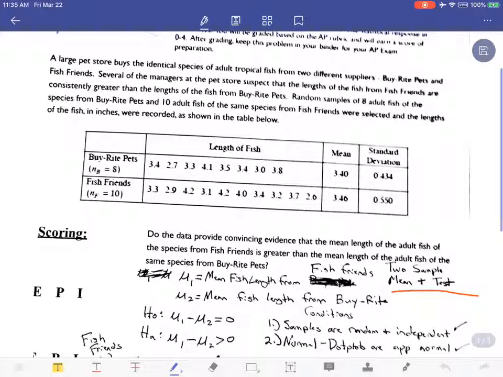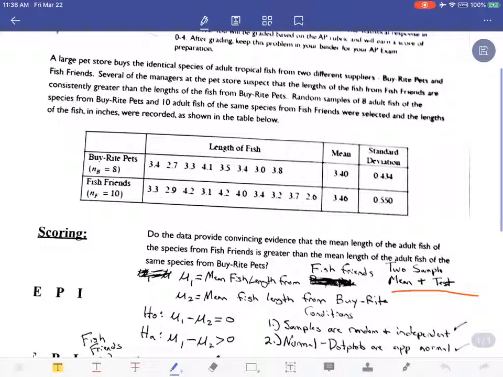Fish Friends needs to come first. So that's why I labeled our population 1 mean as Fish Friends, and then population 2 as Buy Rights, because when we subtract those, we're going to get a positive value. So it just lines up better with our alternative hypothesis.